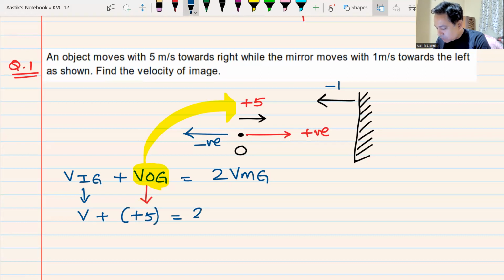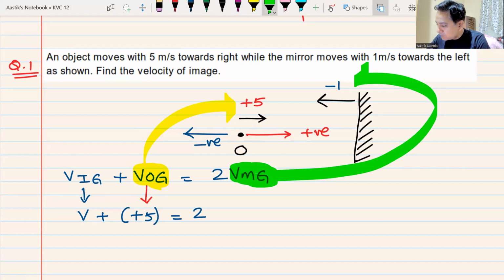That will be equal to 2 times the velocity of mirror with respect to ground. How much is this? -1, sir. That is correct. So keep on saying this.